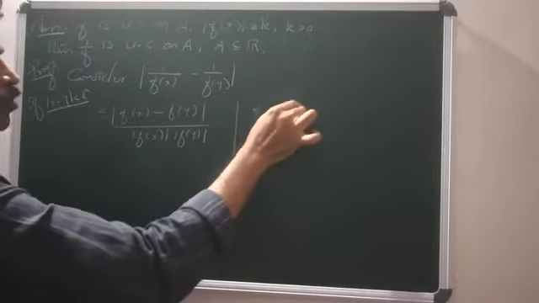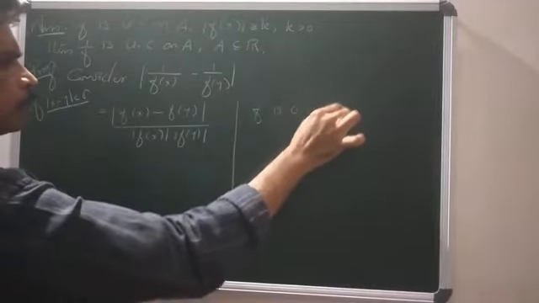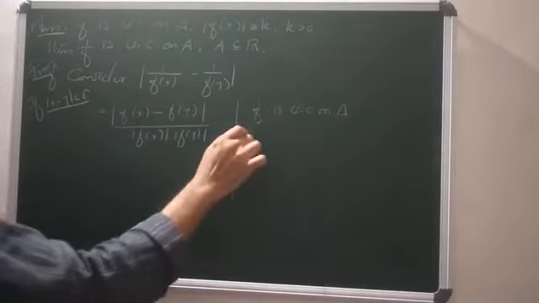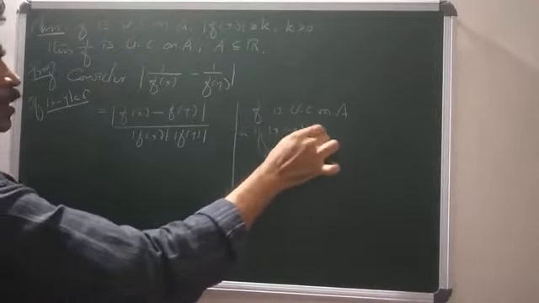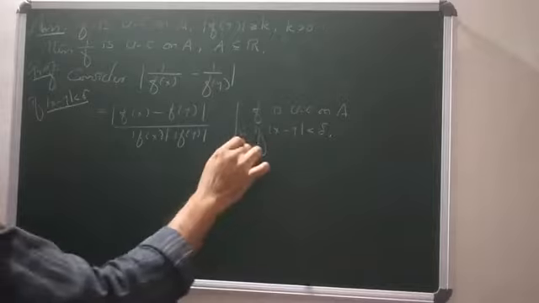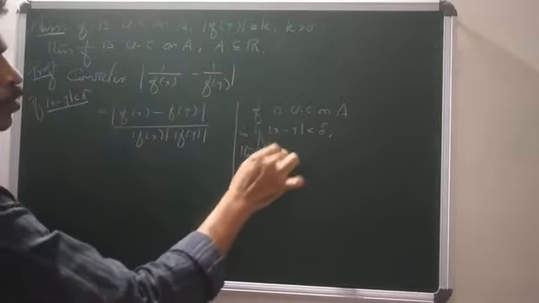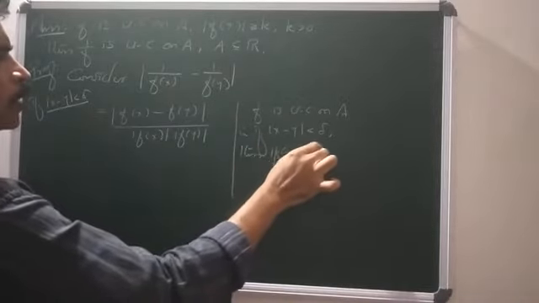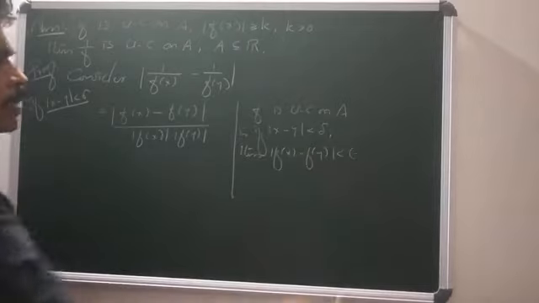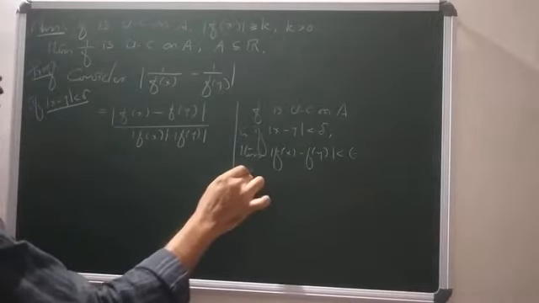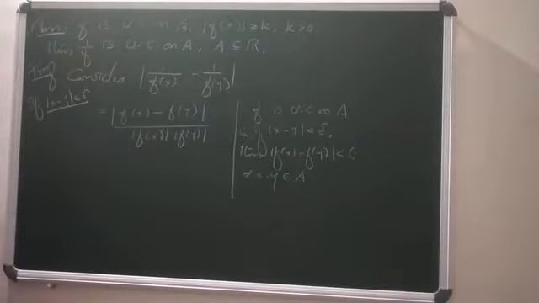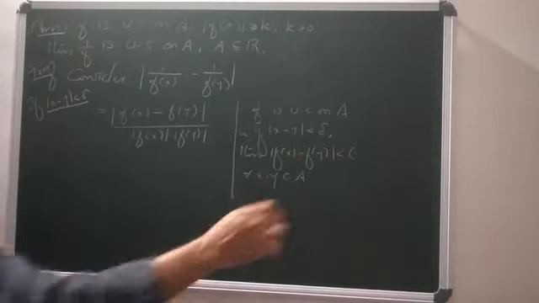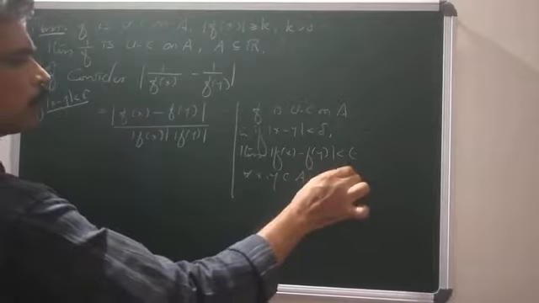We know that f is uniformly continuous on A. That means if modulus of x minus y is less than delta, then modulus of f of x minus f of y is strictly less than epsilon for all x, y in A, where epsilon and delta are greater than 0.